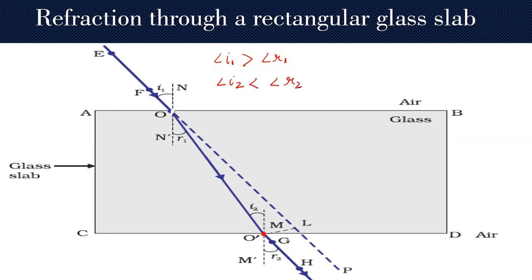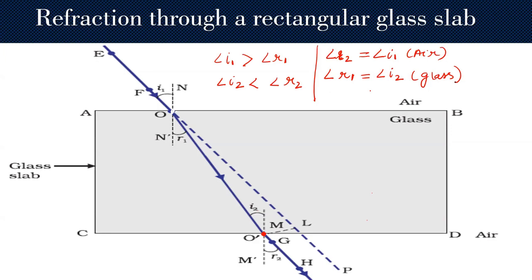But as R1 and I2 are in the same medium, angle R2 will be equal to I1 because they are in the air medium, and angle R1 is going to be equal to angle I2 because they are in the glass medium. Alternate interior angles, you can apply the maths formula to it.